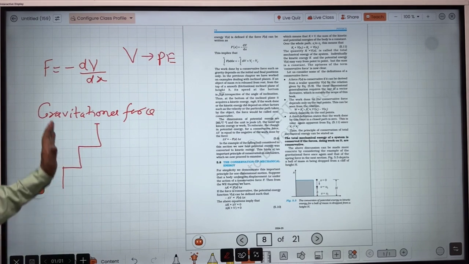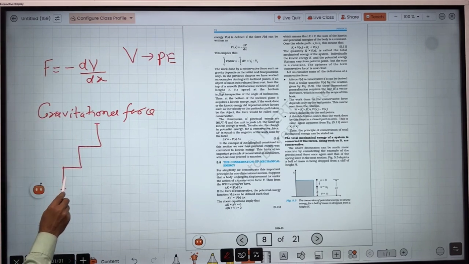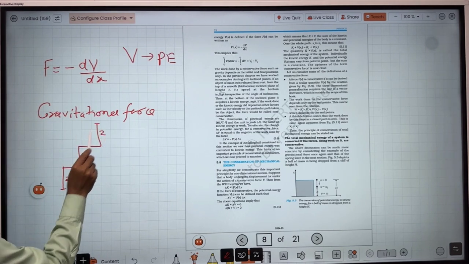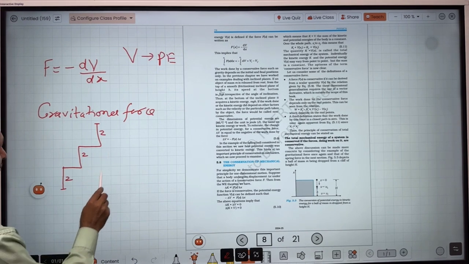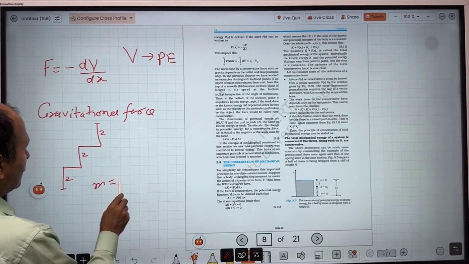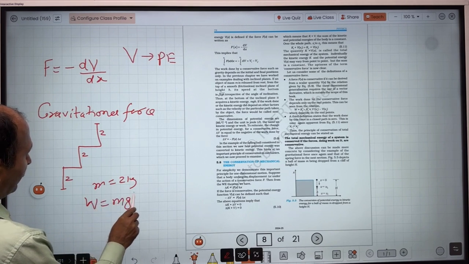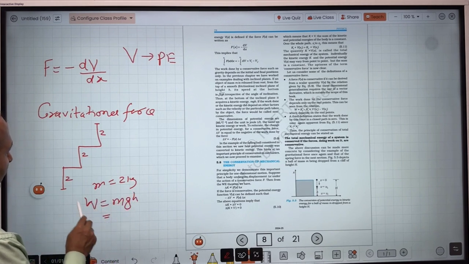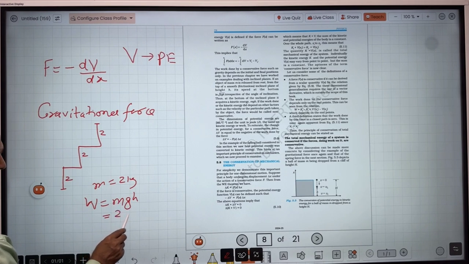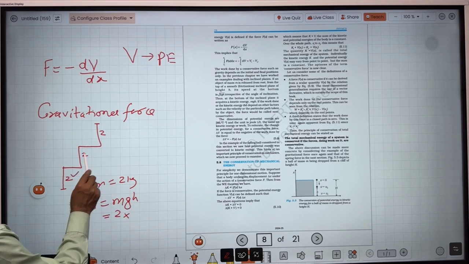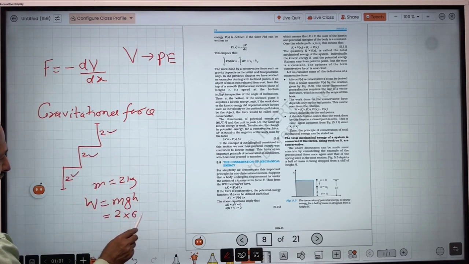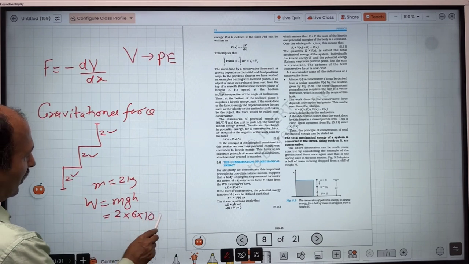Example: suppose you want to calculate work done against gravity, suppose this is 2 meter, this is 2 meter, this is 2 meter, and suppose mass is say 2 kg. So W equals mgh, which will be potential energy. Mass is 2 kg and total height is 2 plus 2 plus 2, 6, into g is 10, so 120 joule.